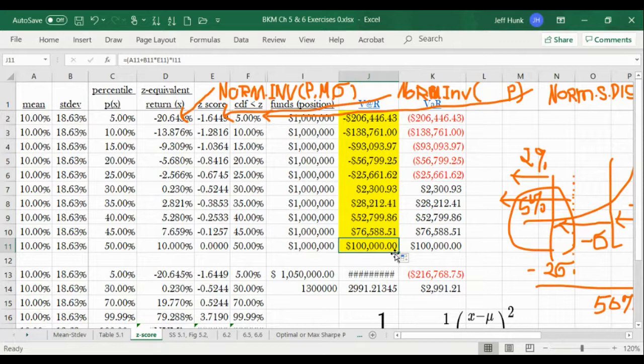Now think about it. Out of $1 million, you hit exactly the expected return of 10%, so your return should be exactly $100,000, right? Make sense?